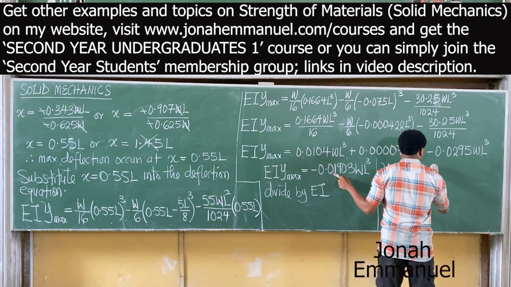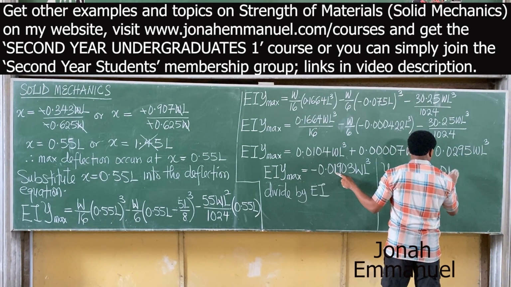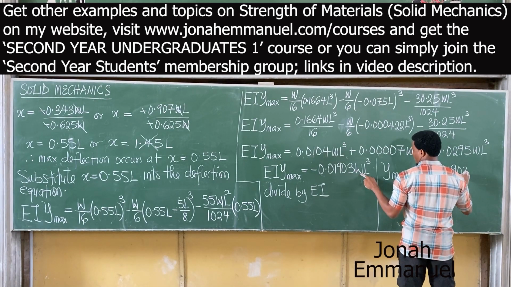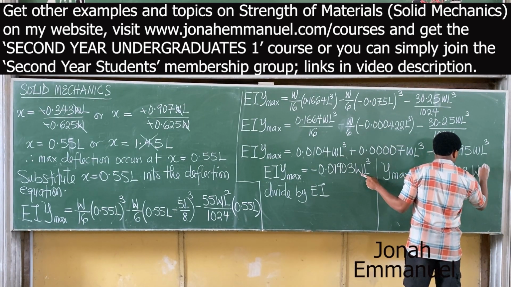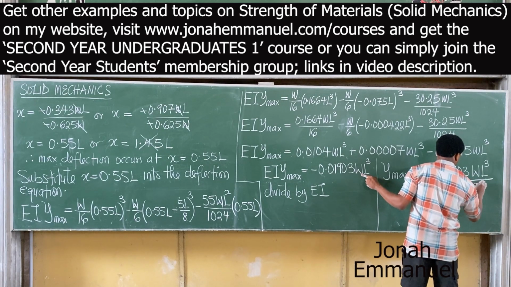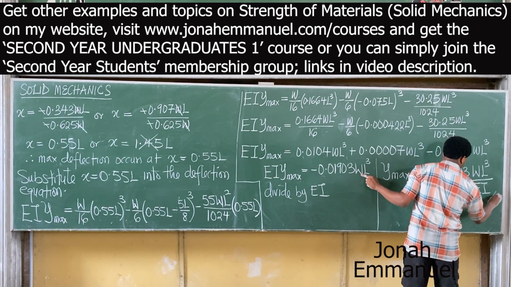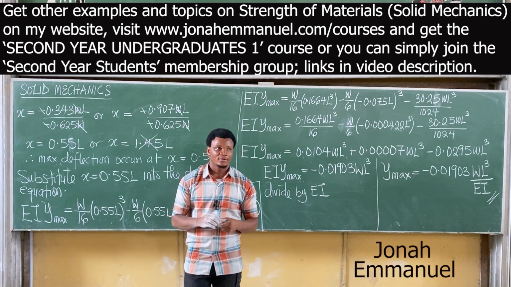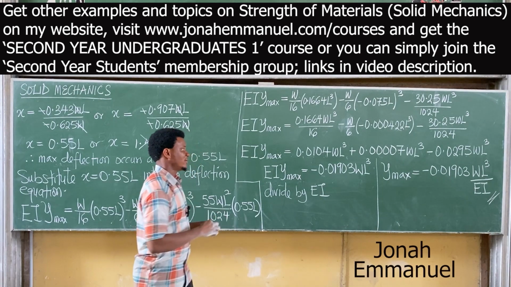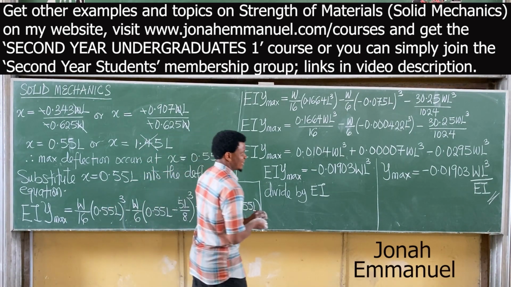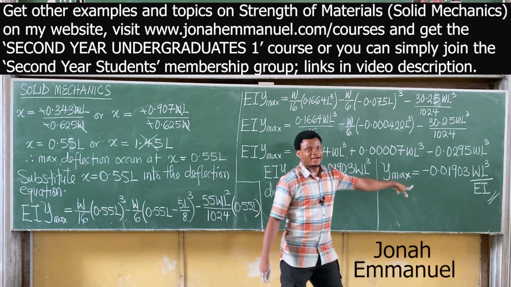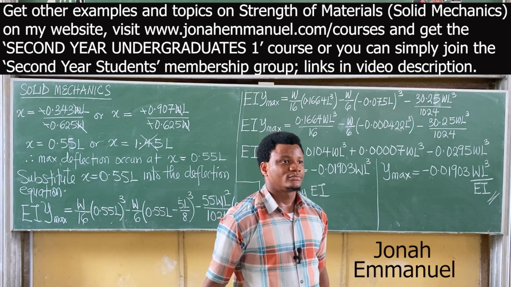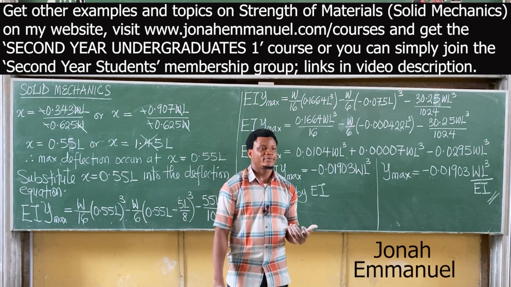Minus 0.01903 WL cube all over what there? EI. This is the value of the maximum deflection or the equation of it. And we can leave it here. But if you can put it in fraction, that's like the best. That's it. What's the problem, issue?